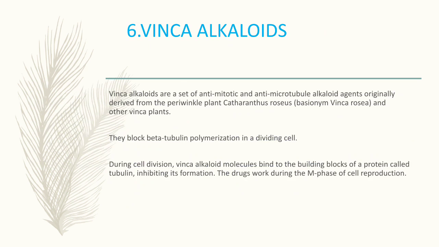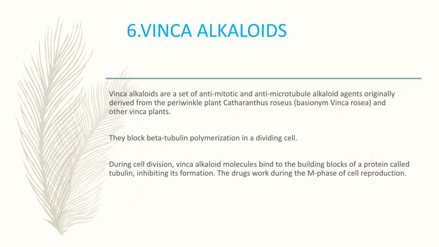Vinca alkaloids. Vinca alkaloids are a set of antimitotic and antimicrotubule alkaloid agents originally derived from the periwinkle plant Catharanthus roseus, Vinca rosea, and other Vinca plants. They block beta-tubulin polymerization in a dividing cell.